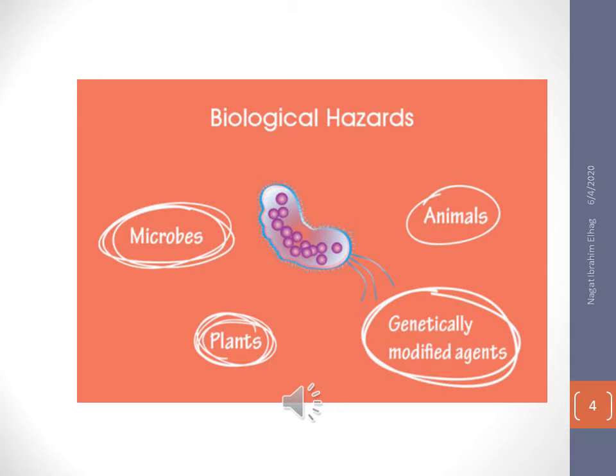Also, some plants are very dangerous for a person because they contain toxins. So we have to deal with these plants carefully, and also some of these plants are very allergenic to our body. So we have to be careful when handling these plants.